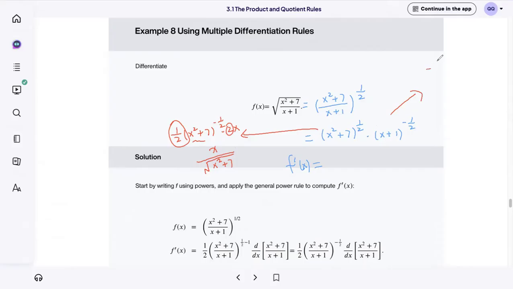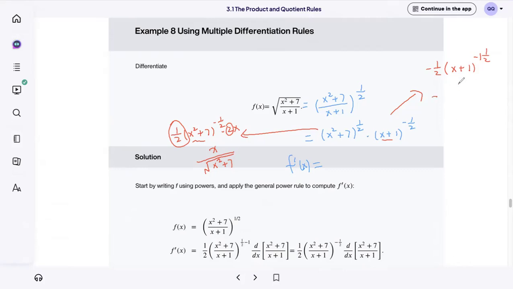Derivative of the second term, I have negative half of x plus 1 raised to negative half minus 1, negative 1.5, or negative 3/2. Let's write negative 1.5. Then the derivative inside is just 1, multiplied by 1. I don't really have to write it. So let's rewrite this.